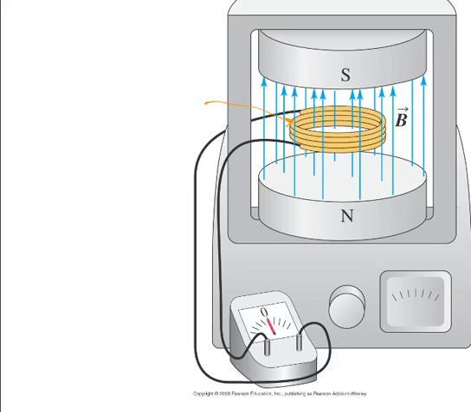Remember that the magnetic field goes from North Pole to South Pole. If this coil just sits there, there's not going to be any current flowing. But if we increase the magnetic field, there will be a voltage induced. That is, if possible, current will flow through that coil.